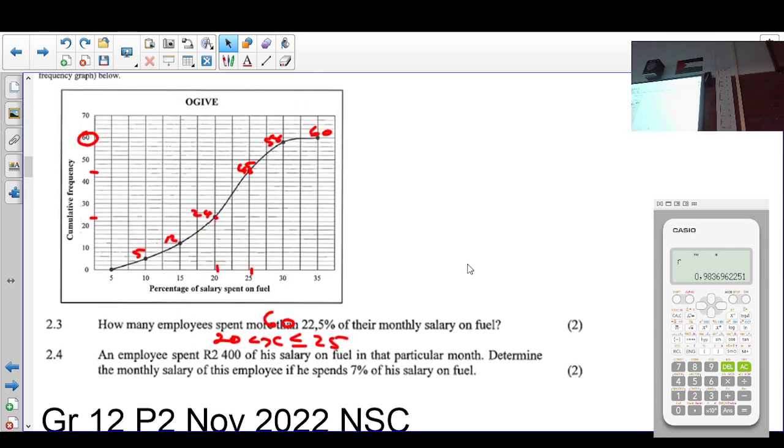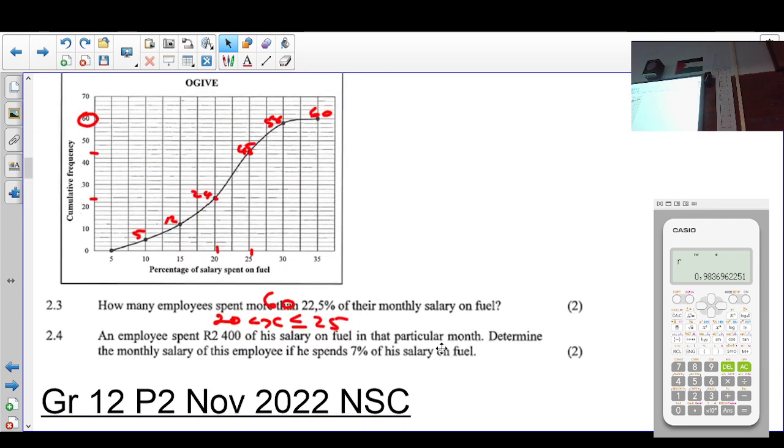Question 2.3, we are told how many employees spend more than 22.5% of their monthly salary on fuel. Now 22.5 is exactly midway between 20 and 25. Not so. We take our ruler and we go up.